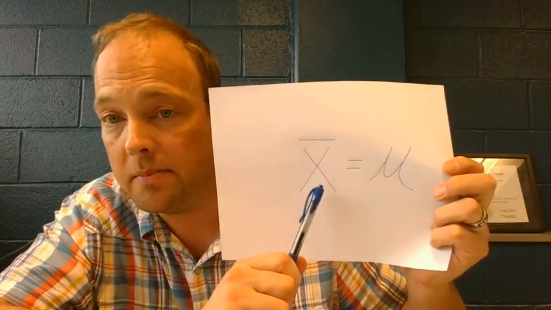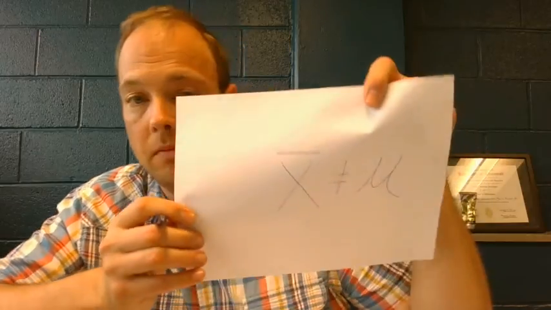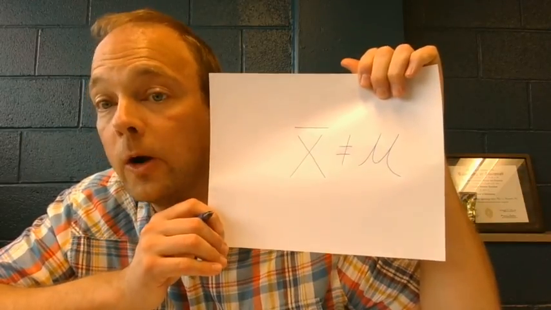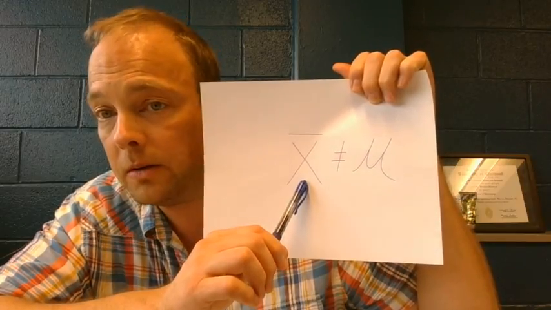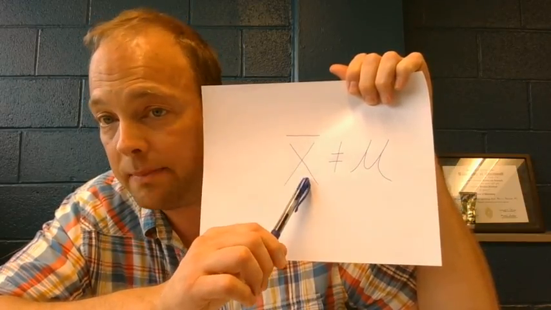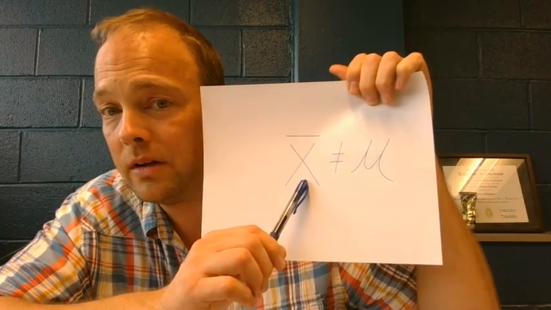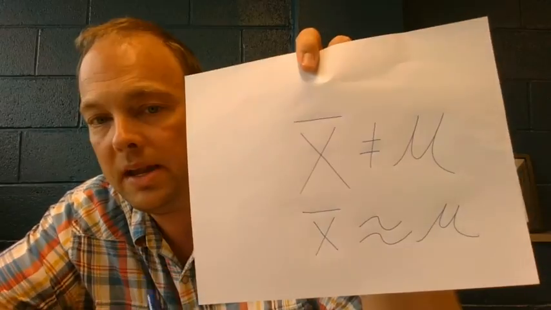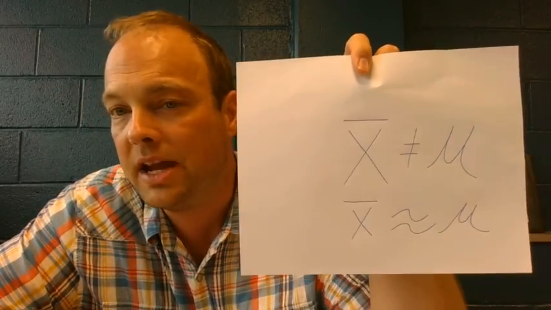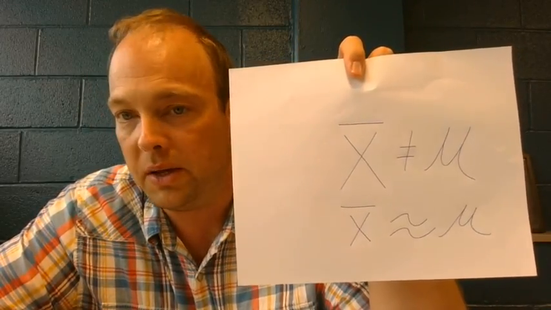Why is the mean not equal to mu? Error. Because this mean came from a sample, and that sample contained error. But we want our mean to be a good estimate of mu. Remember estimate? We want our mean to be a good approximation of mu.